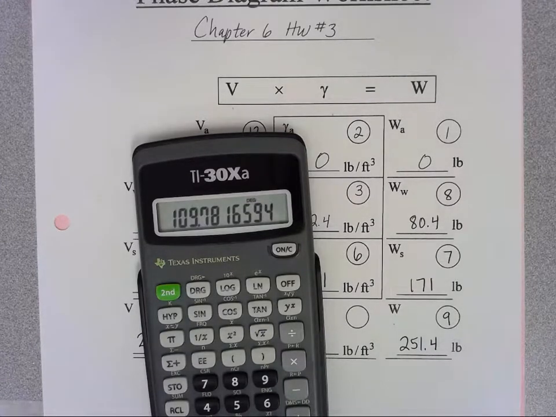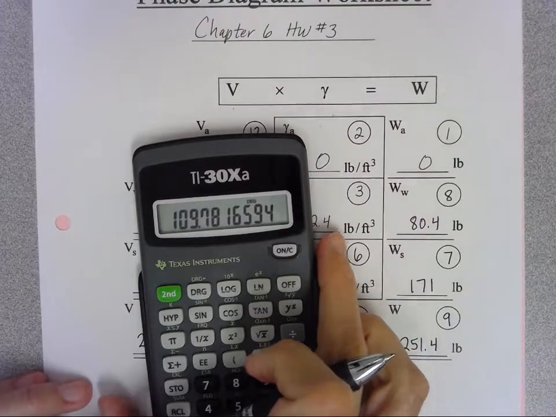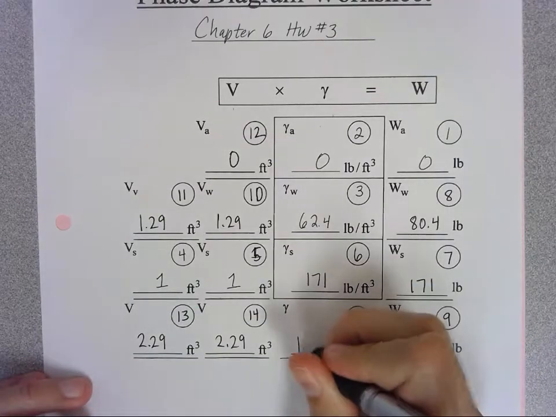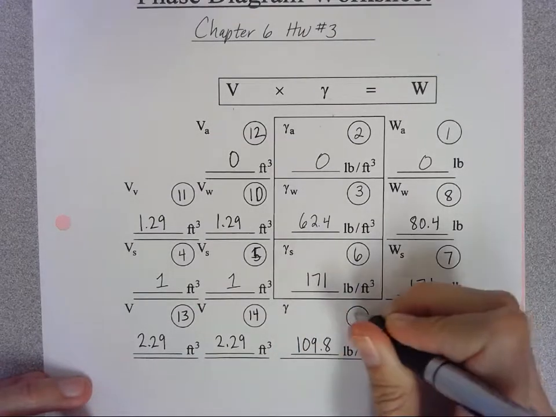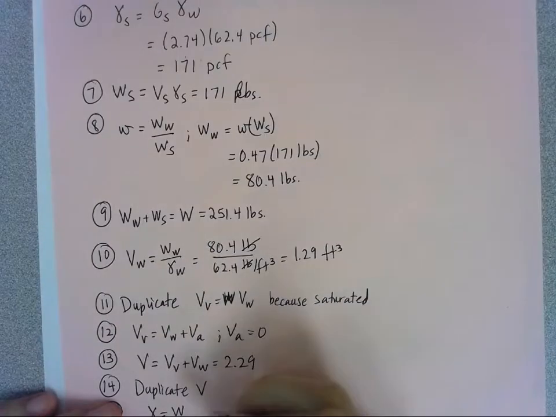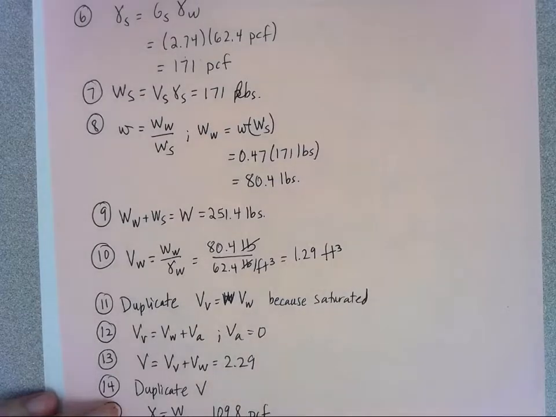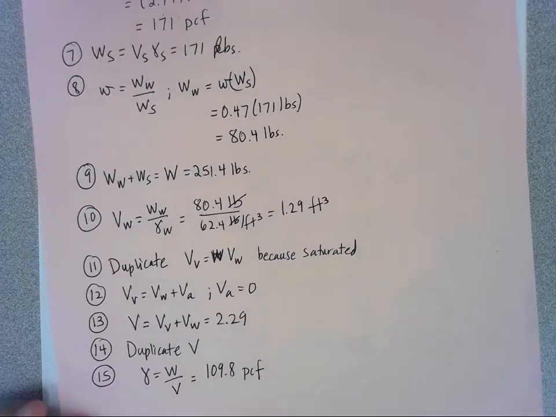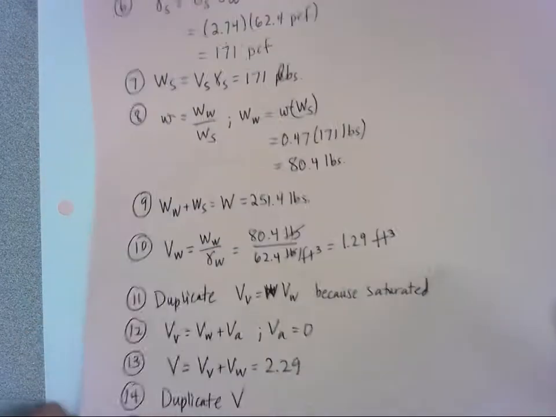I'm going to round that up to 109.8, and that will be my number 15. And I'll put it on my steps here: 109.8 pounds per cubic foot. Okay, so all that work, and I just found the gamma clay that I can put into my soil profile.